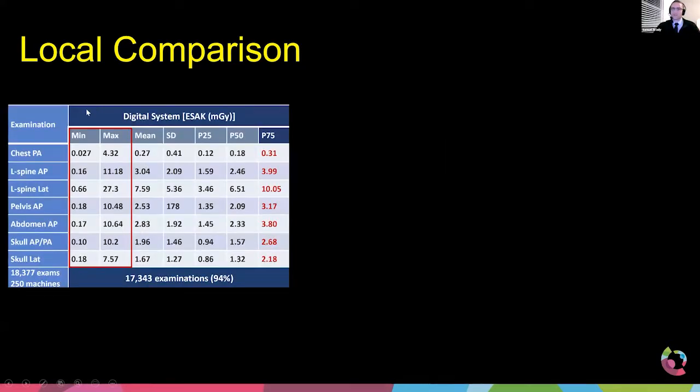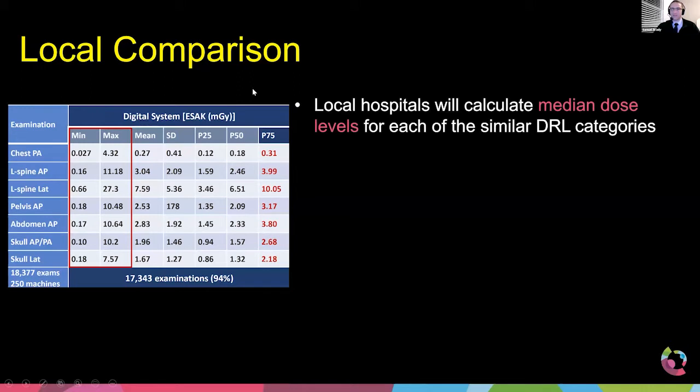And so Dr. Panrutai went through and she demonstrated some data for the variety of different modalities that they have collected values. So local hospitals will now be able to look at these values, the median values here, the 75th percentile, and they're going to be able to calculate their local median value and compare that to the Thai DRL, the 75th percentile.